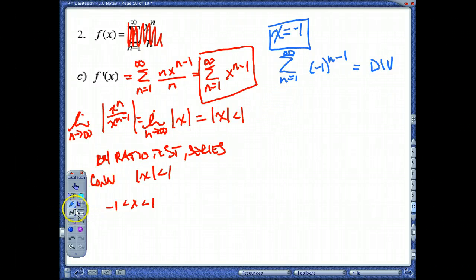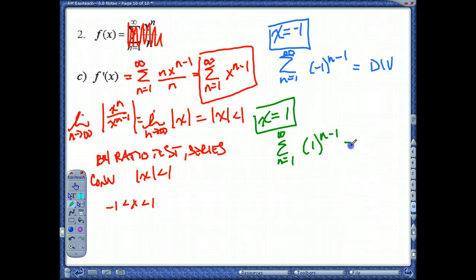And then I'm going to check at 1. That diverges as well. So my interval of convergence is my -1 to +1.